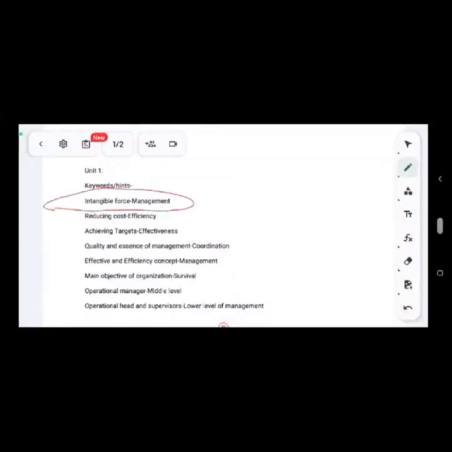Next, we have the concept of efficiency and effectiveness. Students tend to get a lot of confusion between these two concepts. So now let's understand this concept with the help of an example. There is an employee and an organization, XYZ Limited.